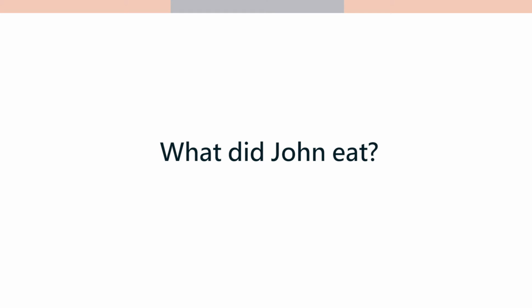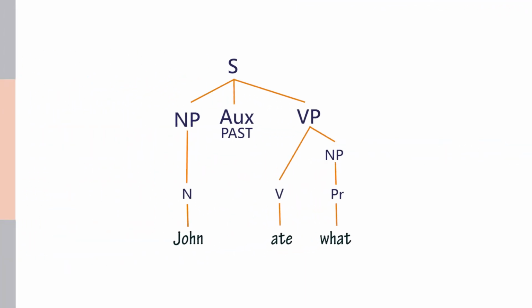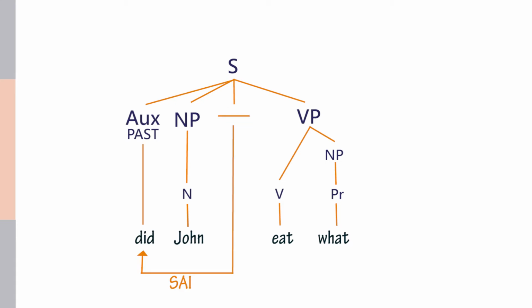Now, how do you do the tree for this sentence? Here we need more transformations. So we have our sentence. This is the tree we did so far, a tree with 3 nodes, right? An NP, aux. Then we move the aux. We have this extra node, aux, here. Then we want to move what. To move what, we need to hypothesize a next level of branching, which is CP.